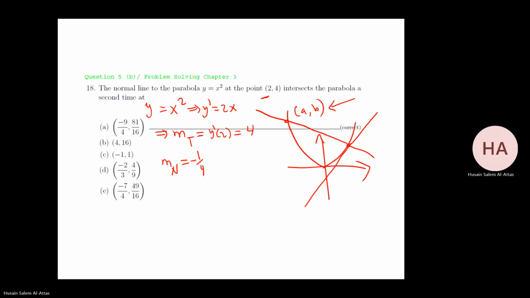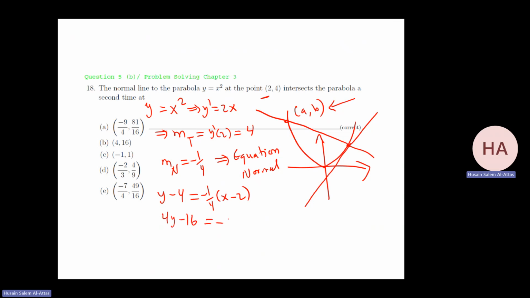So the equation of the normal is y minus 4 equals minus 1 over 4 times x minus 2. Multiply by 4: 4y minus 16 equals minus x plus 2. So we have 4y plus x minus 18 equals 0.